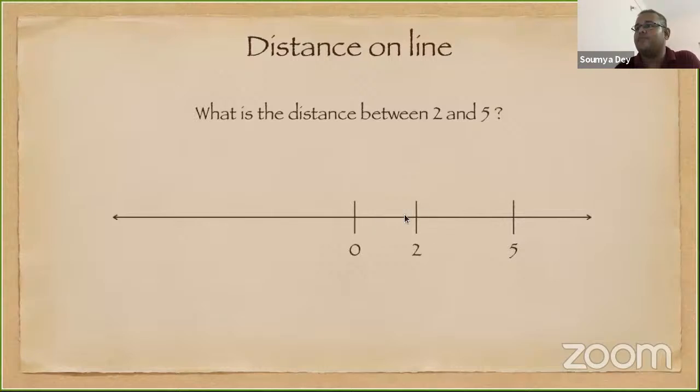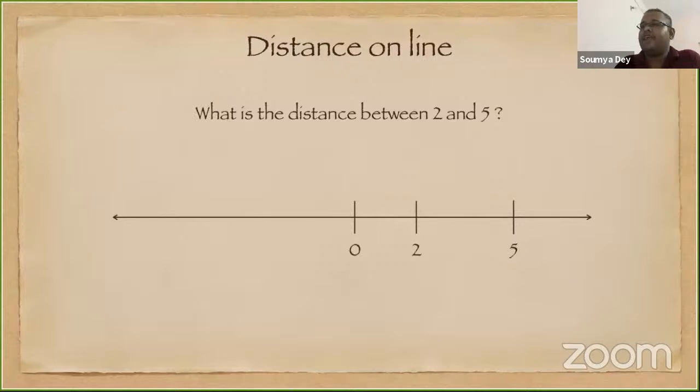What is the distance between 2 and 5? You basically take the difference, right? 5 minus 2. And if 2 minus 5, you take mod. So you take the positive value of the difference between two real numbers. So this is how we see that 2 is 3 distance apart from 5.